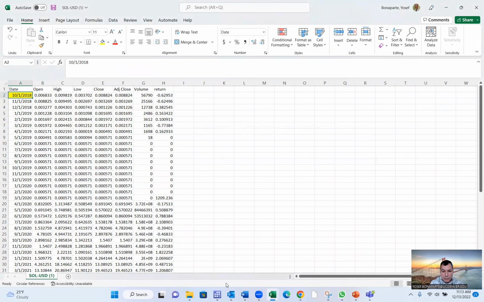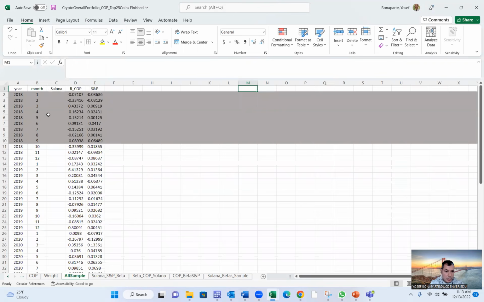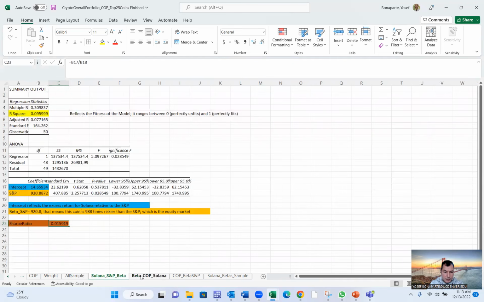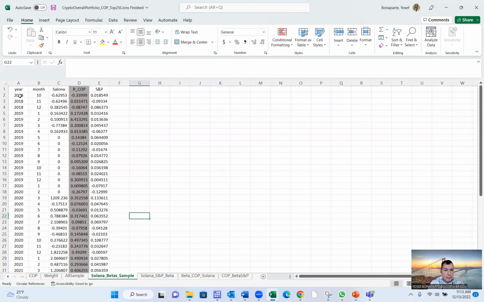Our sample here is from January 2018, but Solana doesn't have the first 9 months. So I move the sample to here, and I start from October 10th because Solana starts on October 10th.